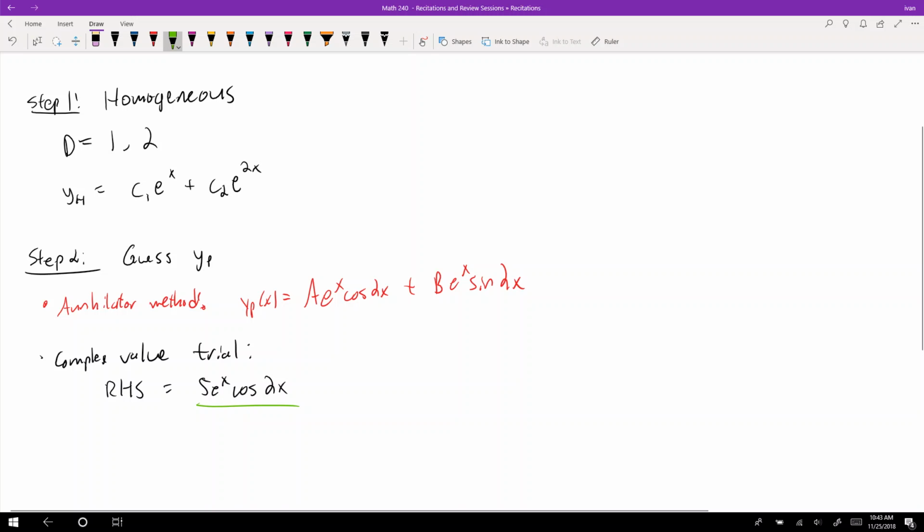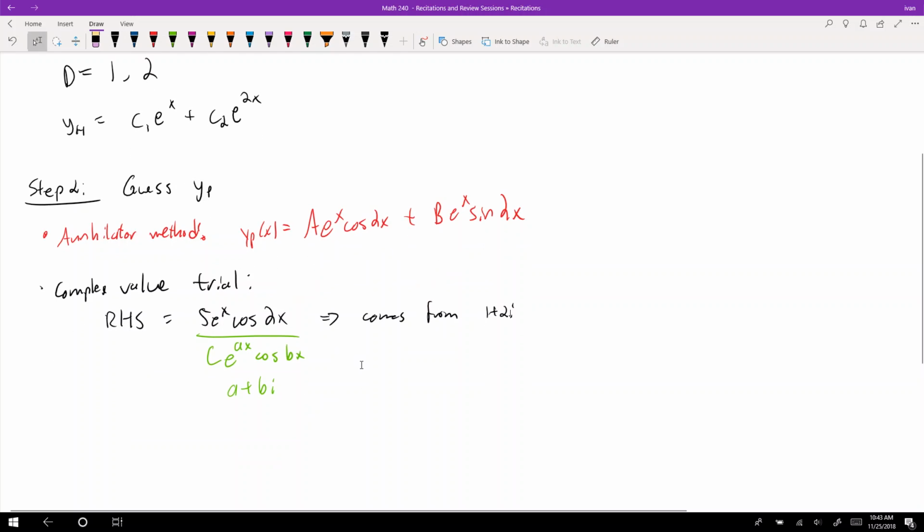We notice that it has the form c e to the ax cosine bx, and therefore it comes from some root a plus bi, which in our case is 1 plus 2i. So our guess for yp is a e to the 1 plus 2i times x.